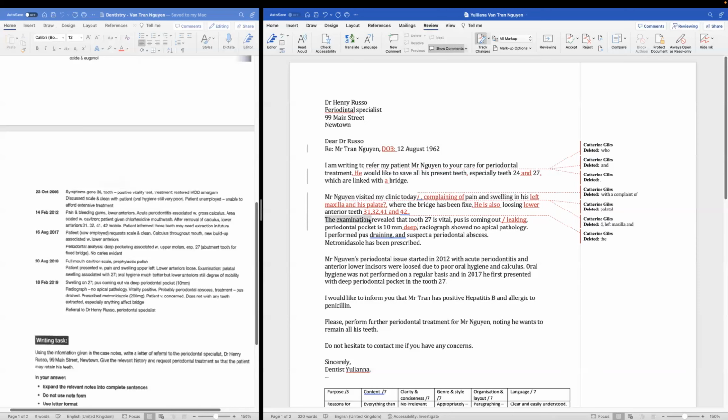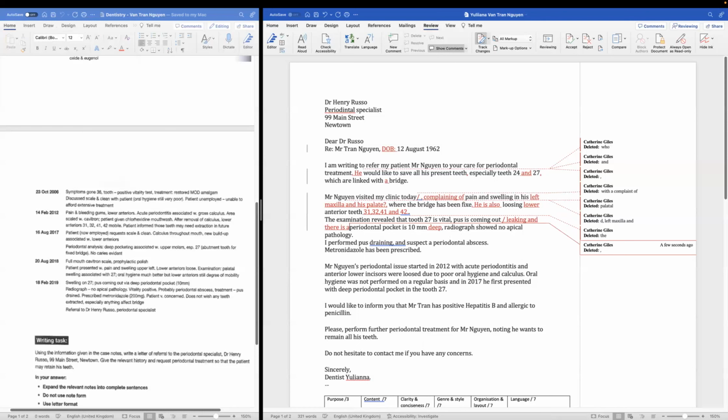The examination, that's your subject, revealed that verb, object. Tooth 27 is vital. Pus is leaking. Okay, I think that should be our next idea. And I think it's better if you say, because this is the first time we talk about the periodontal pocket, so we need to introduce it. There is a 10 millimeter deep periodontal pocket. We can keep it like that.